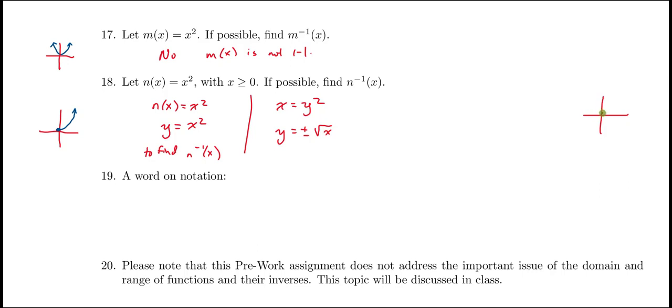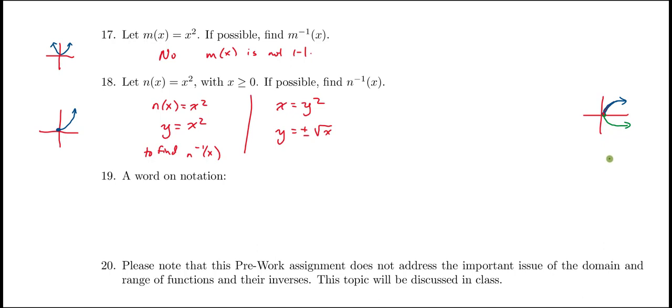If I do the plus function in red, this would be the plus function with the positive root in blue here, and if I did the negative function in green, this would be the minus function. And this graph, which is what we're claiming is the inverse, does not pass the vertical line test. So y equals plus or minus the square root of x cannot be the inverse function because it's not even a function. Its graph fails the vertical line test.